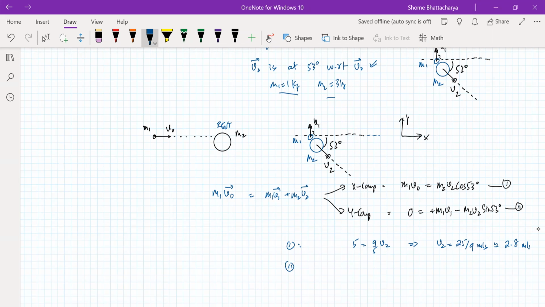And from equation 2, so these are the speeds. So this is the simplest type of question that you can get.